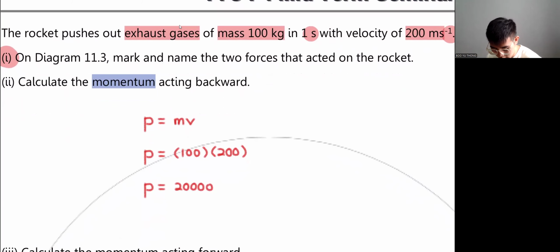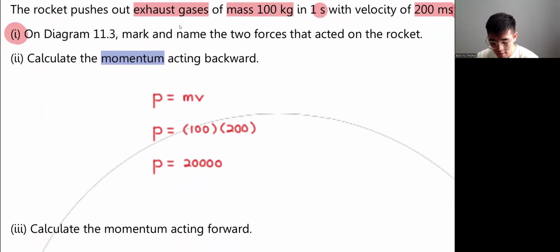I've been telling you this in normal class. Please remind yourself all the time, no matter what you calculate in physics, everything you calculate from chapter 1 and chapter 2 has a unit. And the unit of momentum should be kg meter per second. Do you still remember how we can remember this?